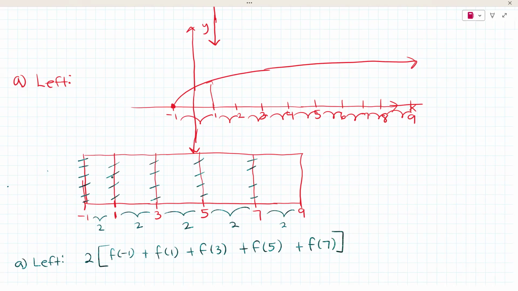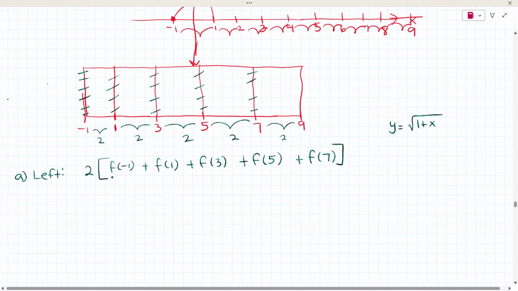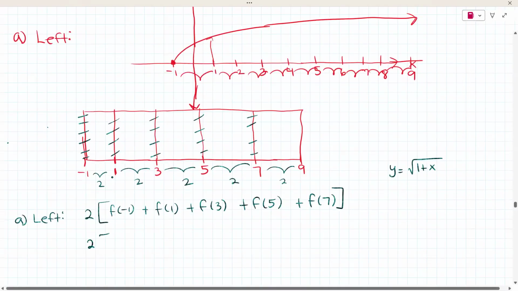Because we have a function already, y equals square root of 1 plus x, we're just going to plug in these values. So y is like our f, right?